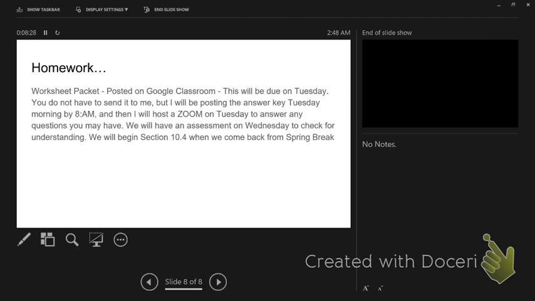So, yes, you're going to be able to use everything you have, but I am trusting that you want to do well, and that you want to learn this stuff because you understand the importance of it, and that we're building on this to go for section 4 and section 5, and then also, of course, chapter 11 really counts on you having a good foundation here.